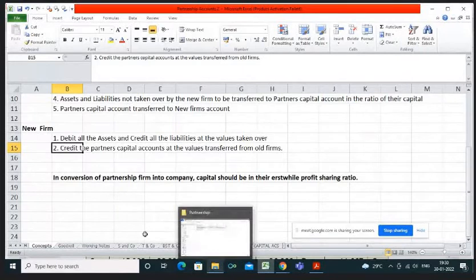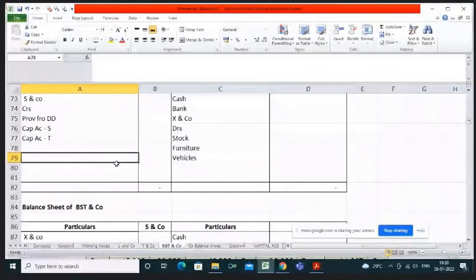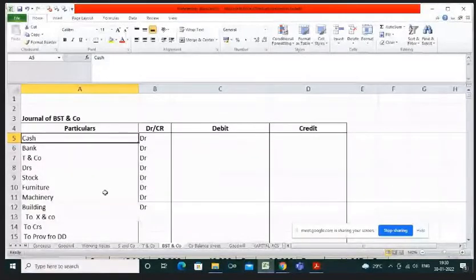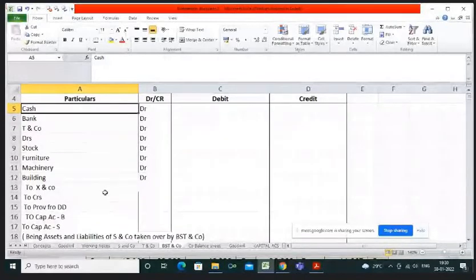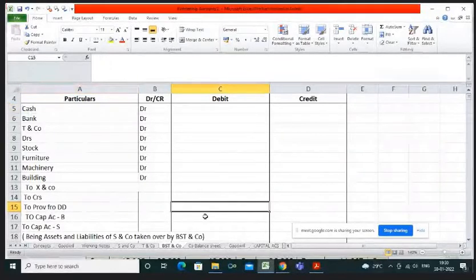I'm moving on to BST and Co. I'm going to pass the journal entries now. First, in the case of S and Co, how to transfer the assets, liabilities and partners' capital accounts. It's very simple. We already have the cash, bank, T and Co debtor, stock, furniture, machinery and building.